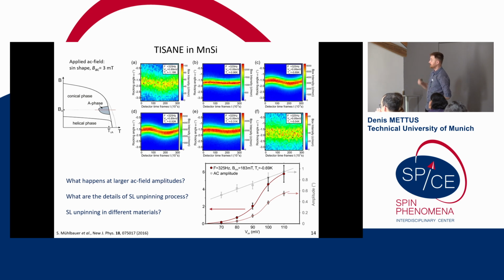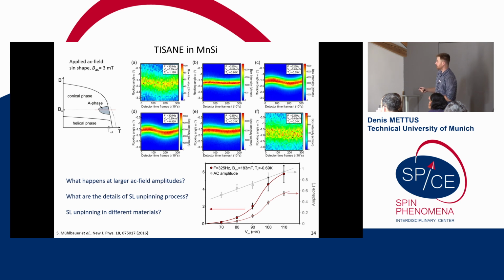And we apply a sinusoidal field to the sample. You see that you don't see very much signal here because you're on the border of the conical phase, but when you go to the skyrmion phase, you have the motion of the rocking peak. In the previous curves, the rocking angle is in this direction, and this is the time.